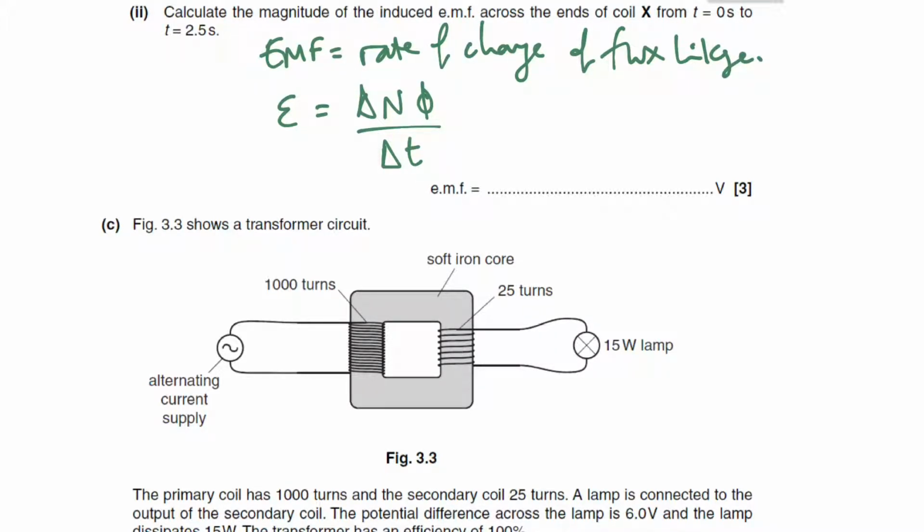So now it's a case of plugging in the numbers to find out what the EMF is. So we know from previously this information, we know that N is 180, number of turns. We know that phi equals something else, B times A. So let's just have a reminder of what B and A are.